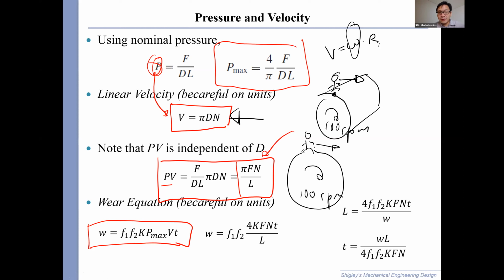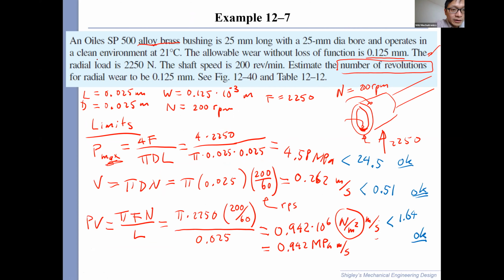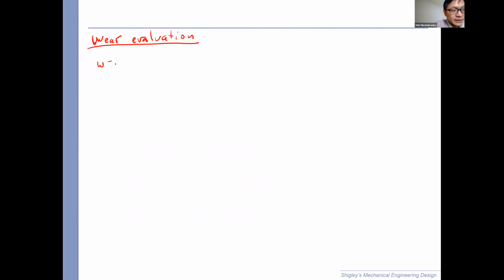Okay, we rewrite that here. The wear W is equal to F1, F2, K, Pmax, Vt.